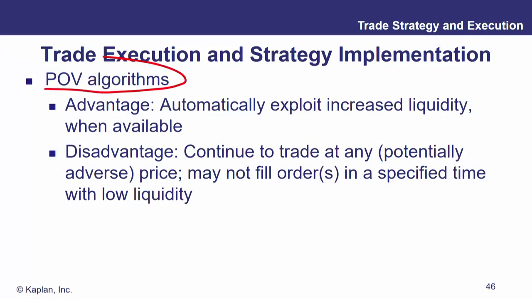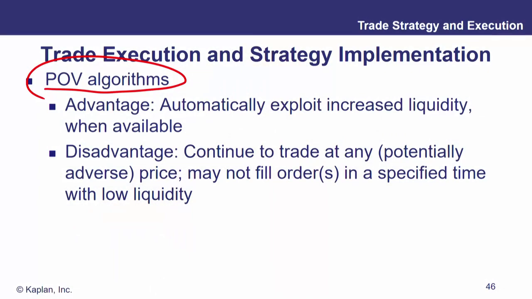Okay, we also have with POV algorithms, just like any strategy, I want you to take a step back and think about what are some advantages and what are disadvantages. This is how you're likely to be tested on the exam. So a POV algorithm, what is an advantage? It automatically exploits increased liquidity. What's a disadvantage? It's going to continue to trade at a potentially bad price for you.